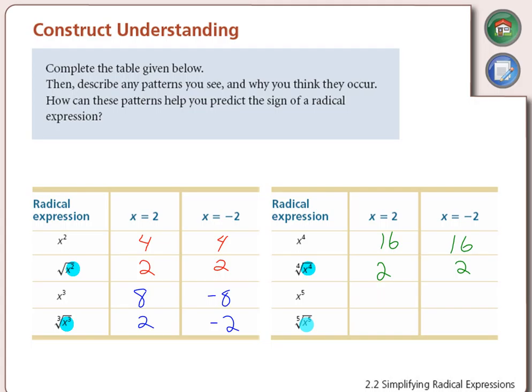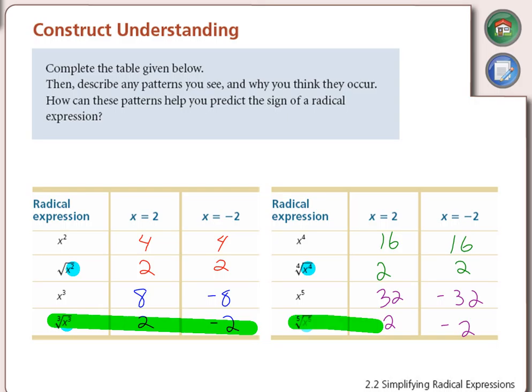Fifth root, last one there. Doing fifth, that gives me 32 and negative 32. Doing the fifth root of those, I get back to 2, back to negative 2. Signs are important here. If we're dealing with a cube, we get back to positive and negative, or to the fifth positive negative. Those are odds. If I deal with the even, it's going to be positive.